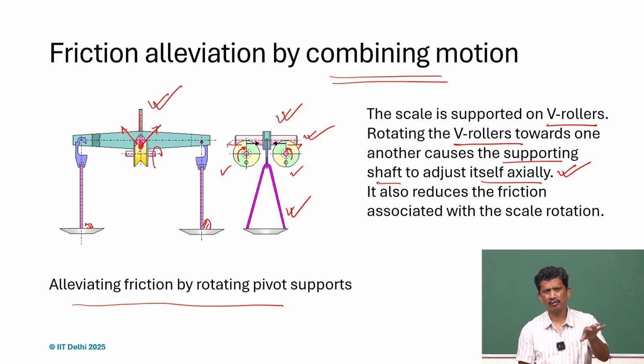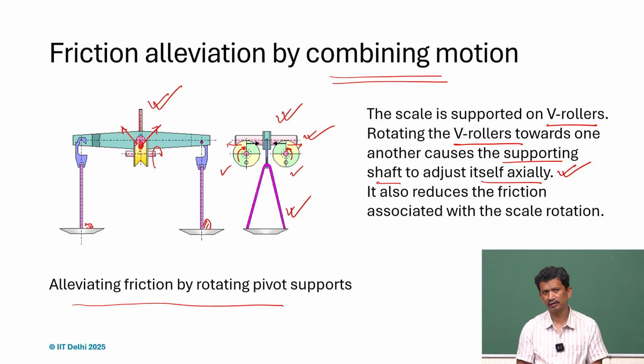It has very little component in this direction. It means effectively the friction which restricts this motion because of the uneven weights or the masses is very small, and it means we can increase the accuracy of this scale by combining this motion.